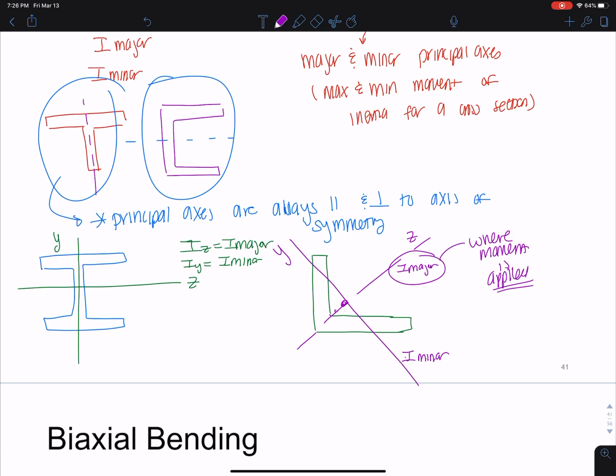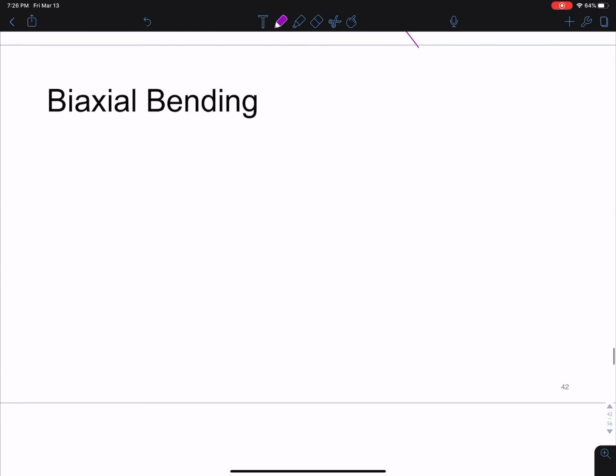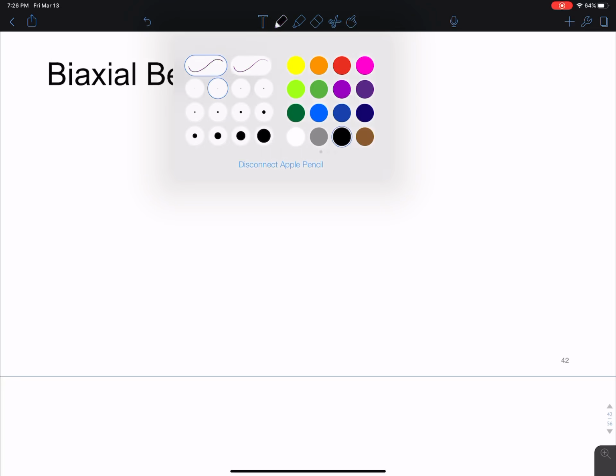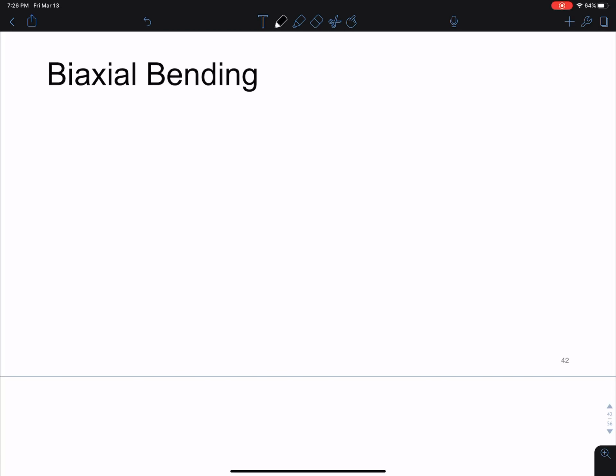So with that discussion, we're going to move on now to biaxial bending, okay? We're going to talk about what happens when we arbitrarily apply moment. What happens then if we're not just applying moment about one cross-section, but it affects both cross-sections. And this happens often actually, in a specific case of members, which are columns.